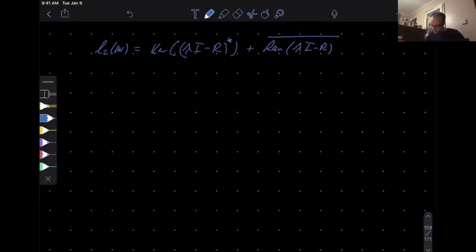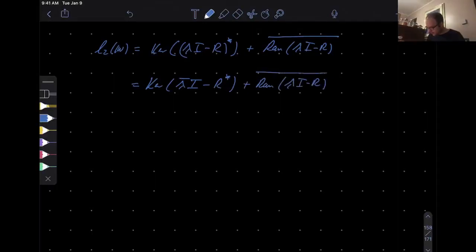All right, and remember the rules for taking the adjoint. The mapping that sends an operator to its adjoint is a conjugate linear isometric isomorphism. So what you have here is the kernel of lambda bar I minus the adjoint of R, plus the range of lambda I minus R.